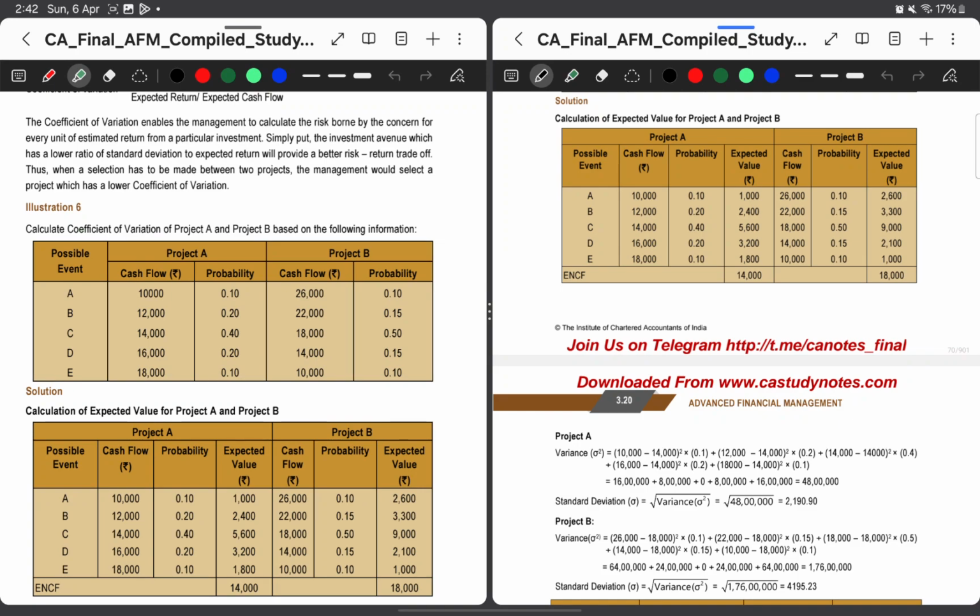Here the requirement of the question is about the coefficient of variation of two projects. So variance, as I've explained previously, is the variation from the mean, right? In this question also they have given cash flows of two projects along with the probabilities.